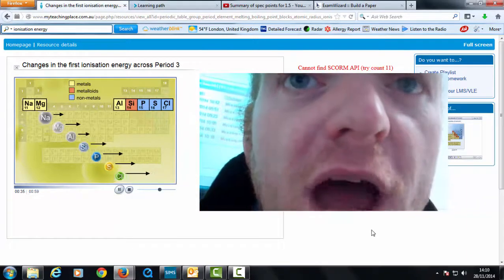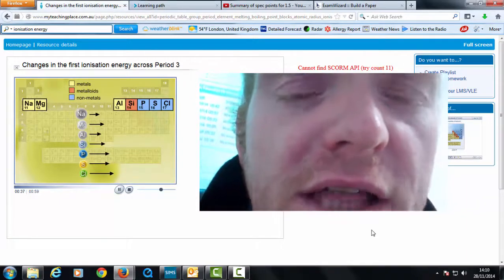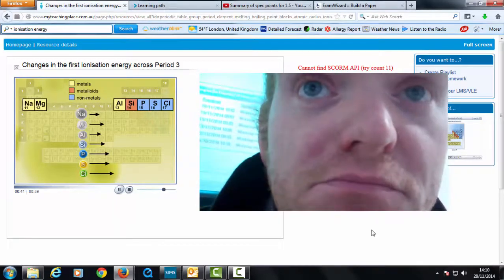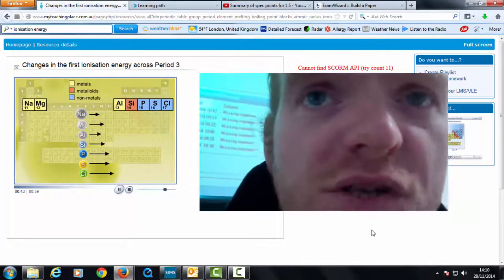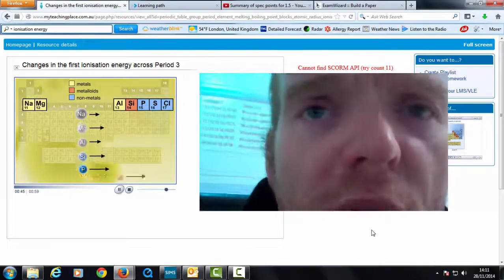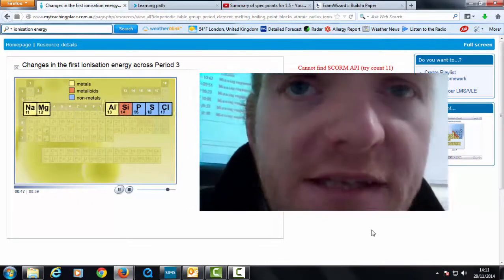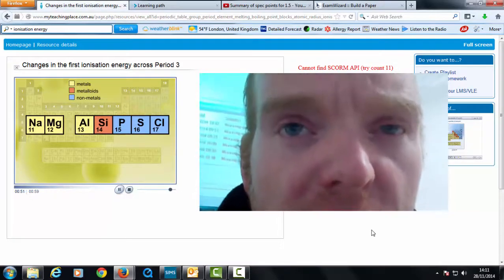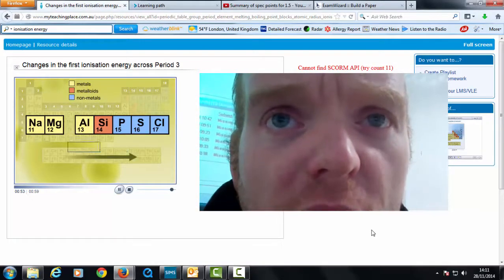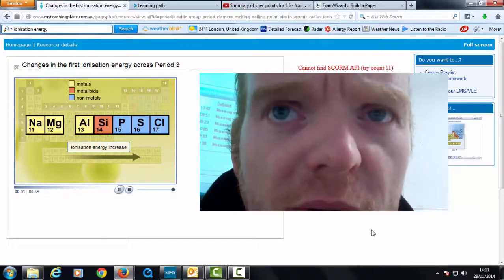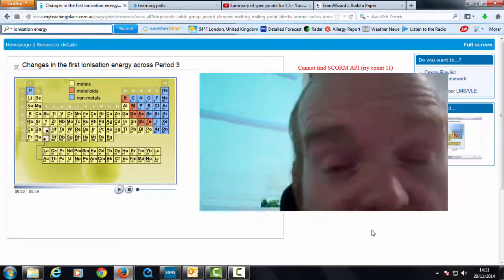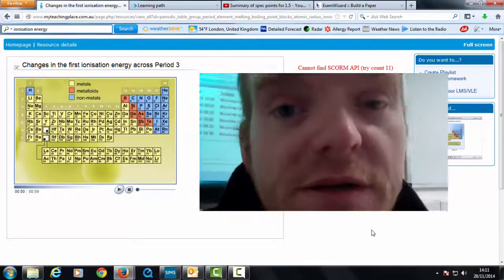So if we compare the ionization energy of sodium to that of chlorine, the ionization energy of chlorine is going to be much higher because it takes much more energy to pull 1 electron away from 1 mole of gaseous atoms. We know that from the atomic number: sodium has an atomic number of 11, chlorine has an atomic number of 17, so the ionization energy increases as you go across the period.